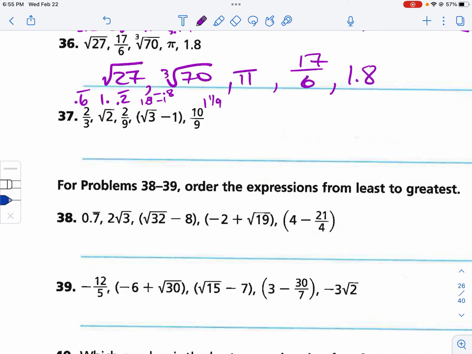So negative 1 goes first, so the square root of 3 minus 1. Negative, and then 2/9. And then 2/3. And then the square root of 2. No, I think this other one goes next. I think 10 over 9, and then the square root of 2.